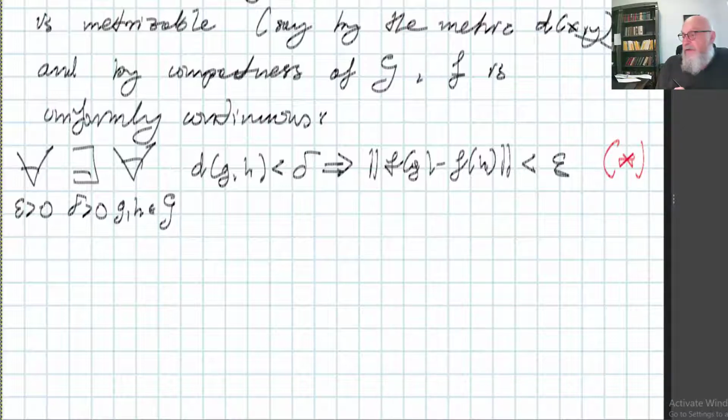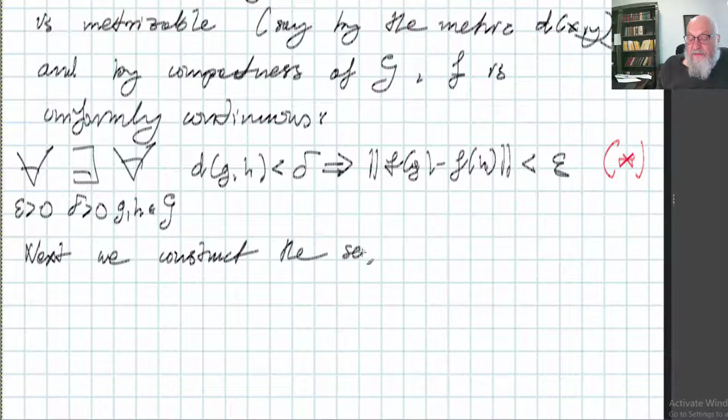Next we construct the sequence s_n of measurable simple functions.